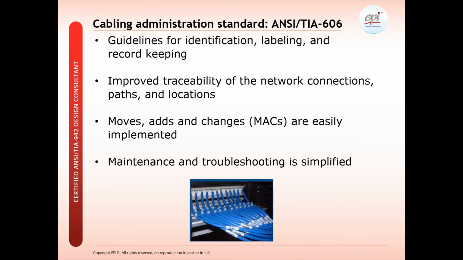The latest TIA 606C will cover that. It gives us guidelines on labeling, record keeping, and how to control an implementation using a move, add, and change methodology. It should simplify maintenance and troubleshooting.